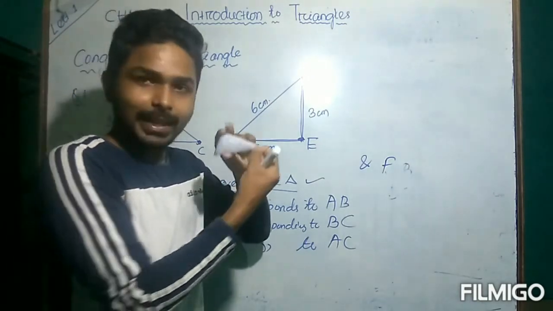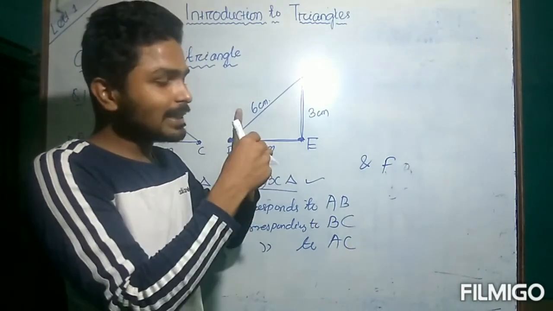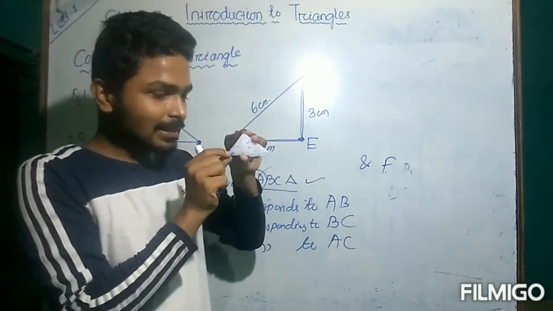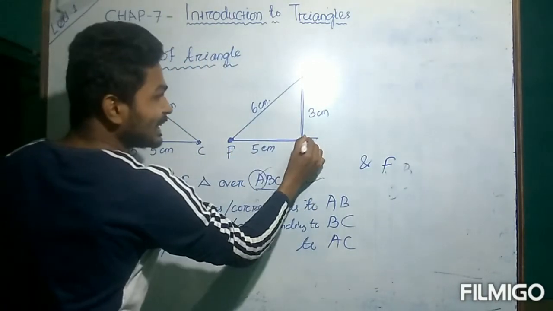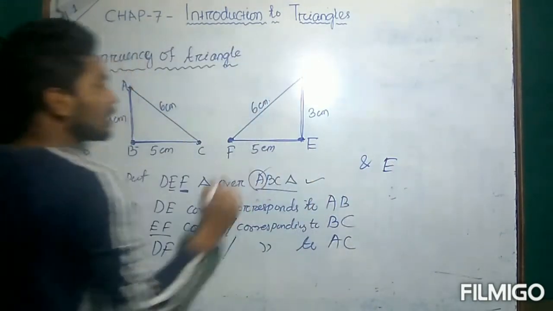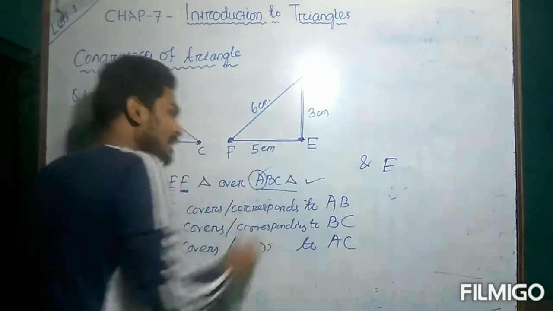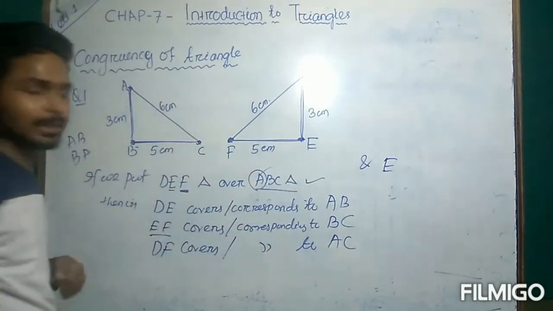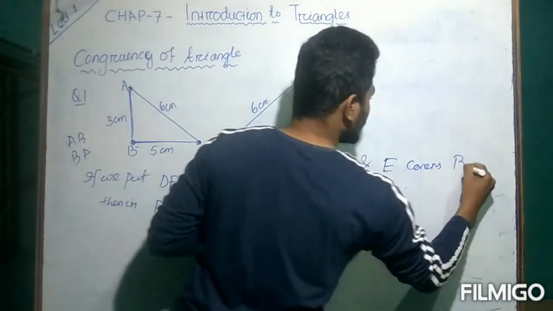Now you can see this vertex is covered by this vertex, and this vertex covers this vertex, this vertex covers this vertex. So vertex E, okay, vertex E covers which vertex? Vertex B, because E is a point where 3 and 5 meet and B is a point where 3 and 5 meet. So E covers B.